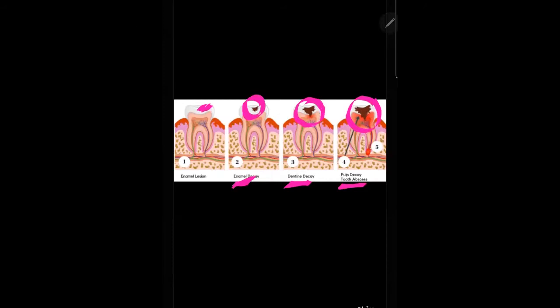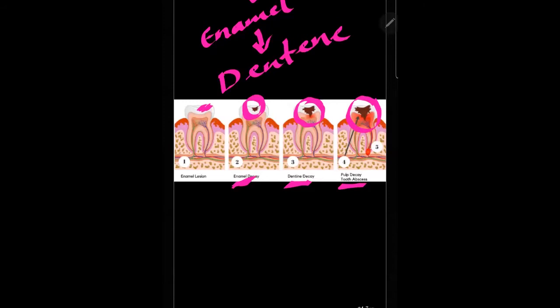So there are different layers. The outer layer is the enamel, the white one. Below the enamel is the dentine.